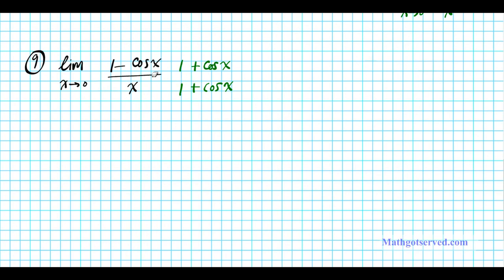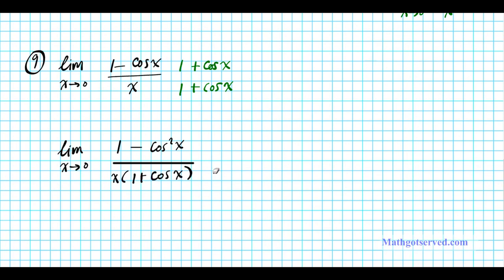If I simplify the numerator, I'll have the limit as x approaches 0 of 1 squared, which is just 1, minus cosine x plus cosine x, those two cancel out, and we have minus cosine squared x. That goes in the numerator, and in the denominator, we have x times 1 plus cosine x.